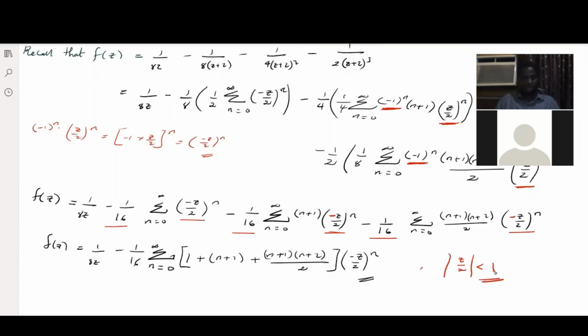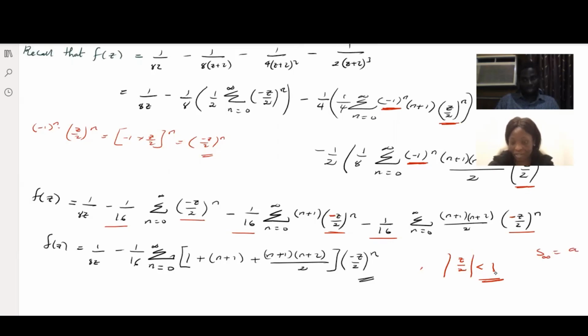If you remember the sum to infinity I said earlier, a over 1 minus r, it is possible when the absolute value of r is less than 1. So that's exactly what we use in this case.